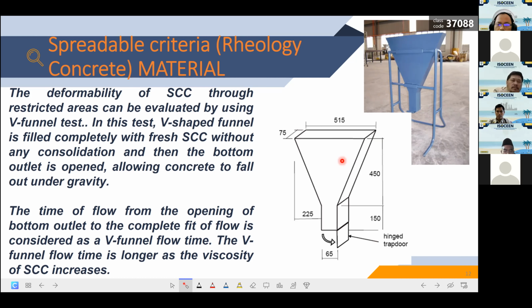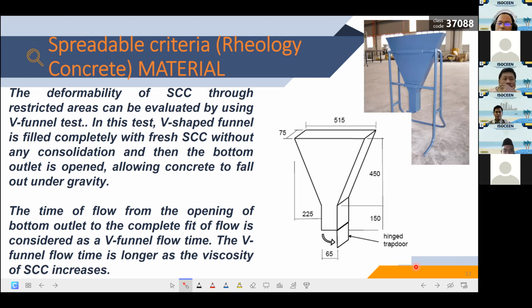We pour the fresh self-compacting grout, and after 2 minutes, we open this trap door. The time of flow from the opening of the bottom outlet to the complete end of flow is considered as the V funnel flow time. The V funnel flow time is longer as the viscosity of the self-compacting grout increases.